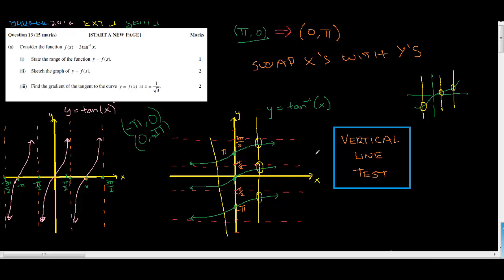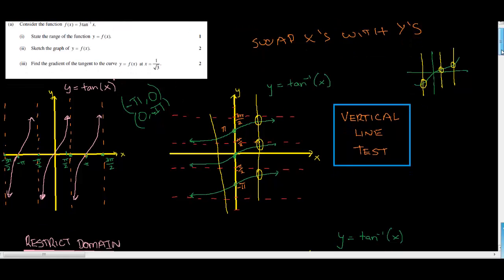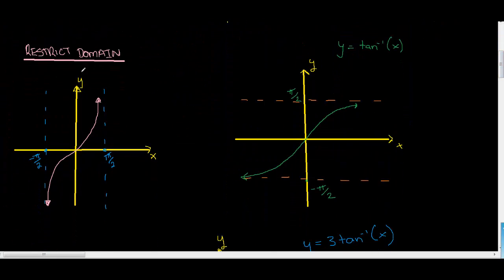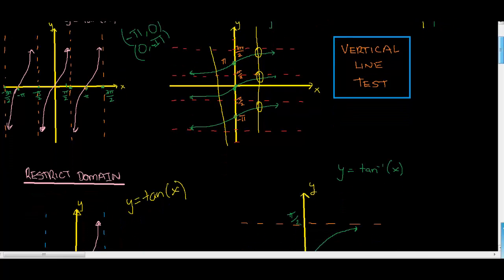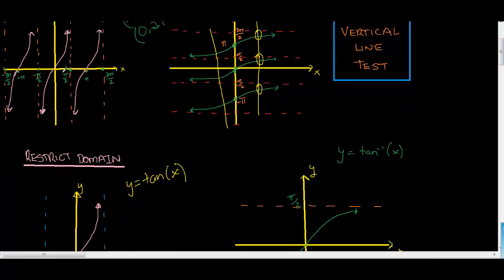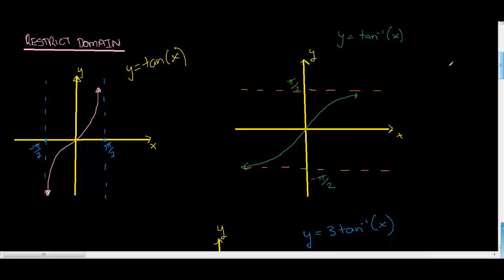So we've got to change things so we can pass this vertical line test. So this is just your y equals tan of x, just up above here, and we restrict the domain. We had minus pi on 2 to pi on 2, and we do that there again.